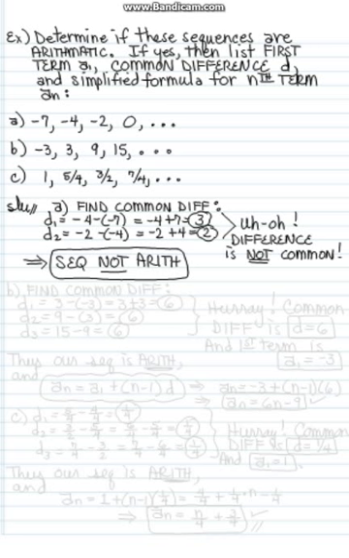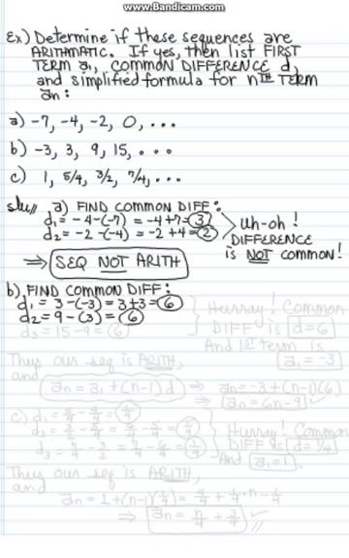We can go on to part B, where we're going to find the common difference, if it exists, between the terms in the second list. So d sub 1 is the second term minus the term before it: 3 plus 3 is 6. D sub 2 is 9 minus 3.